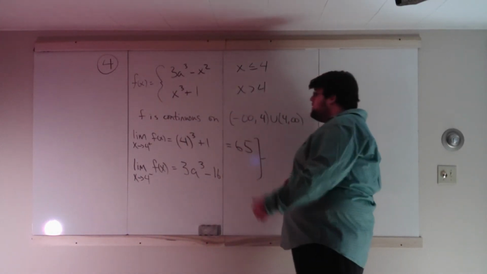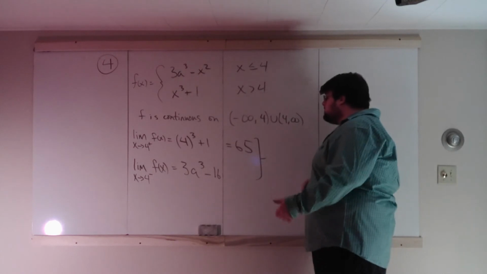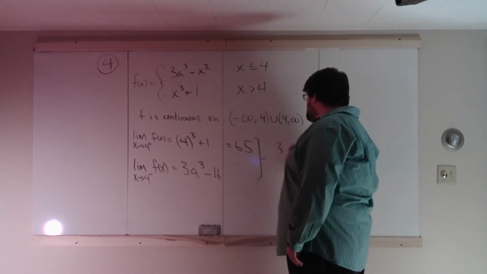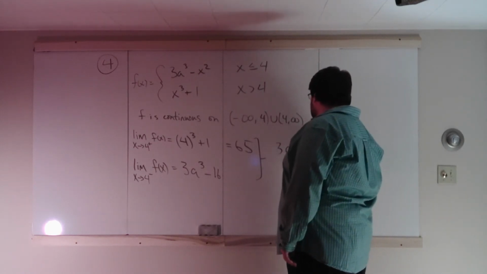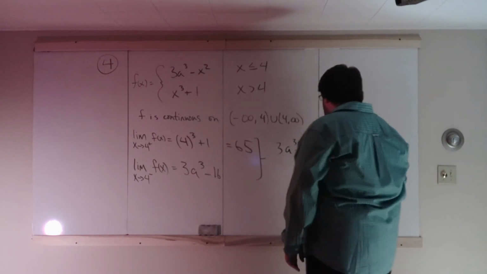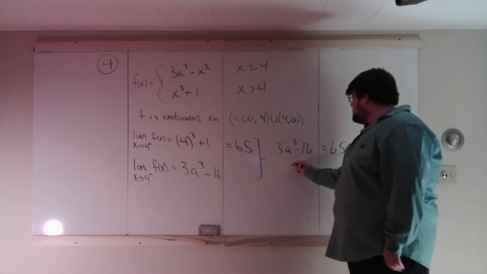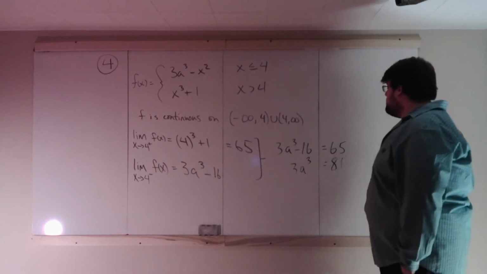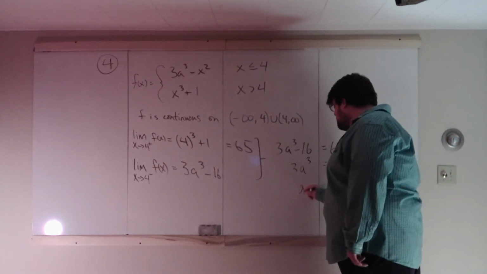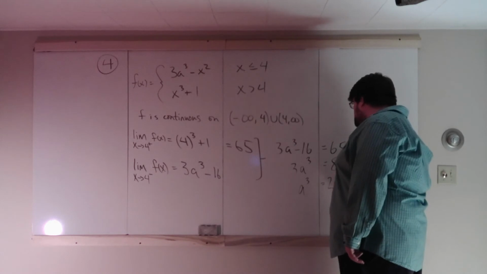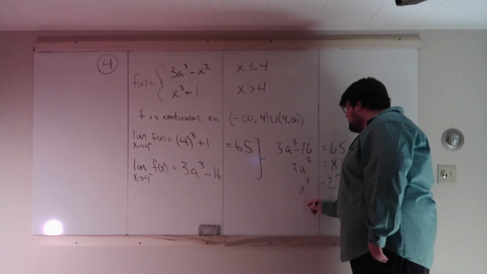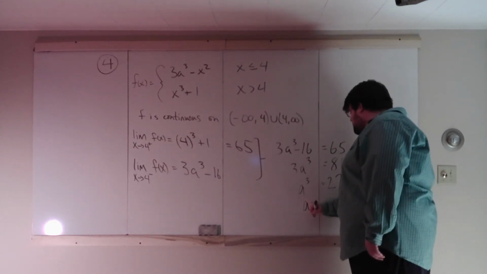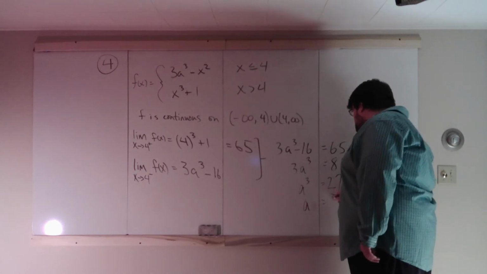So this function will be continuous at 4 when these values are the same. So we'll set them equal. 3a cubed minus 16 equals 65. 65 and 16 make 81. 81 divided by 3 makes 27. Cube root of 27 is 3.